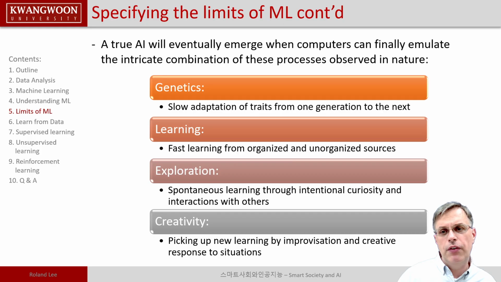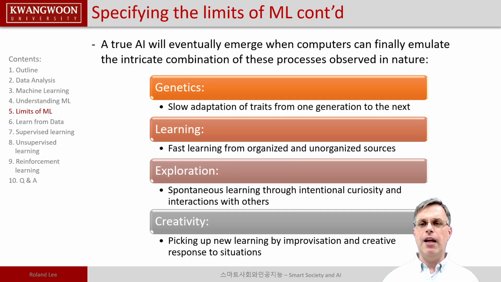Then learning, so fast learning from organized and unorganized sources. Exploration, so spontaneous learning through intentional curiosity and interaction with others. And then creativity, so picking up new learning by improvisation and creative response to situations.